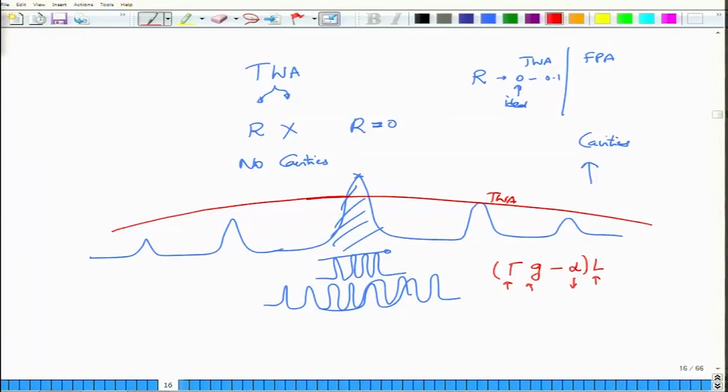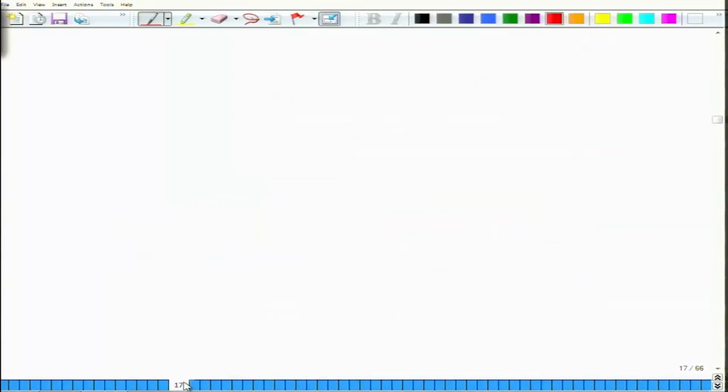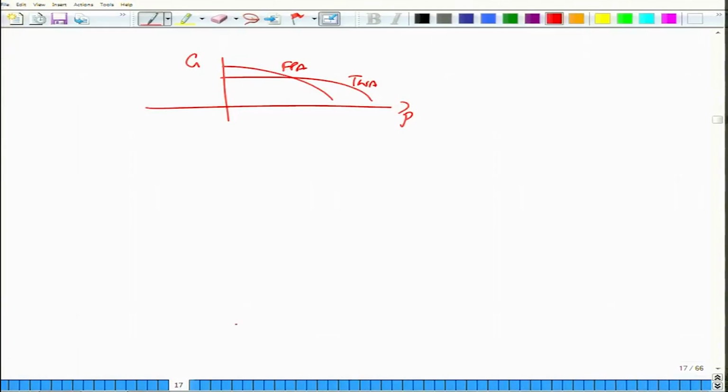Okay. Even the bandwidth of a travelling wave amplifier, if you were to look at it, will actually be much wider compared to that of the Fabry-Perot cavity. Okay. So this is the travelling wave amplifier, and this is the overall gain that we talk about. So the saturation value for the travelling wave amplifier is usually much larger than that of the Fabry-Perot cavity.